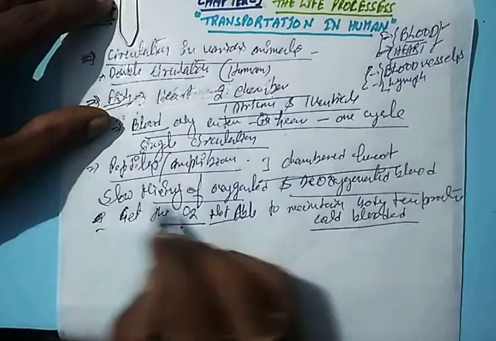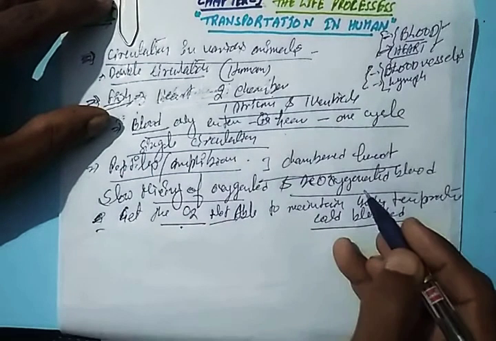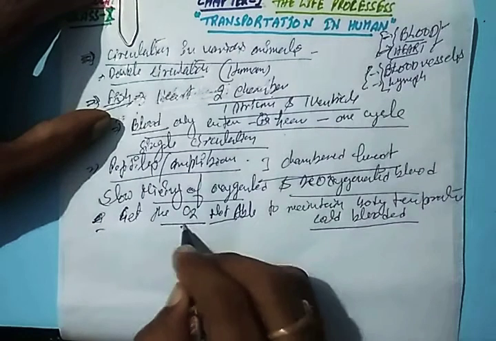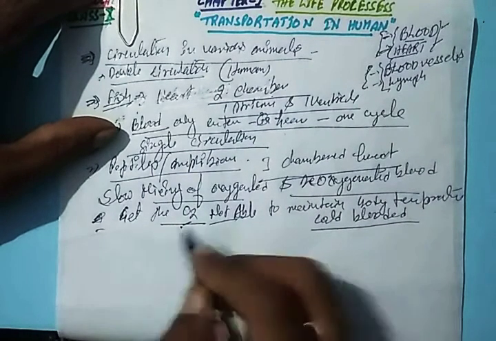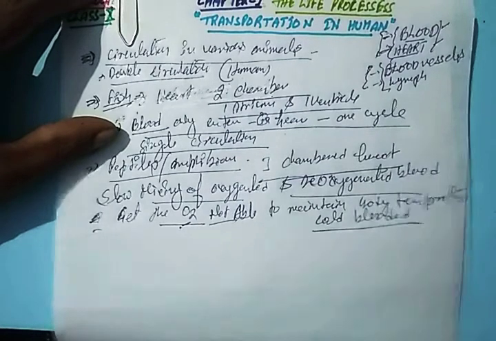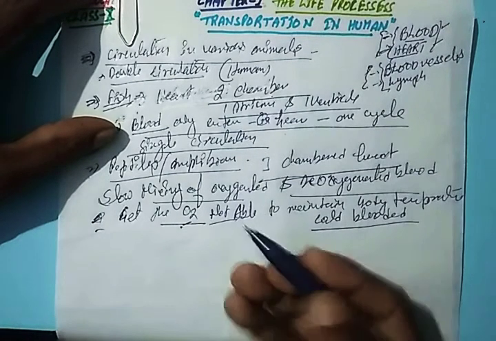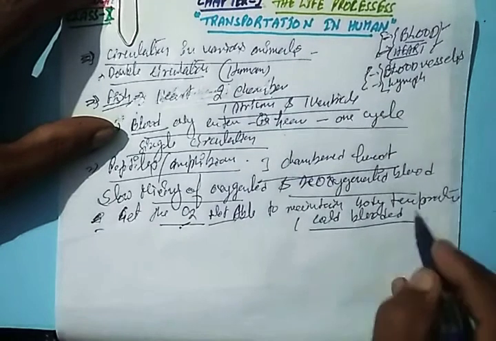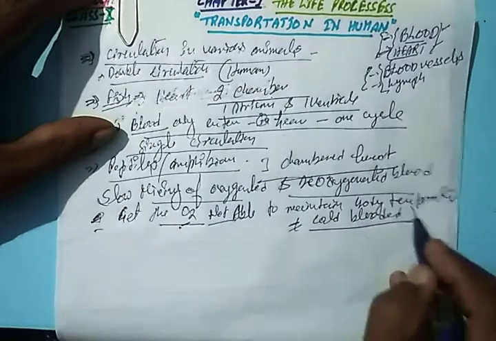Due to the slow mixing of oxygenated and deoxygenated blood, they cannot get a continuous supply of oxygen that is required for the respiration process, which releases the energy for maintaining their body temperature, and that's why they are cold blooded.